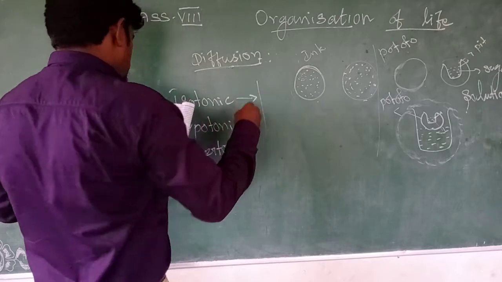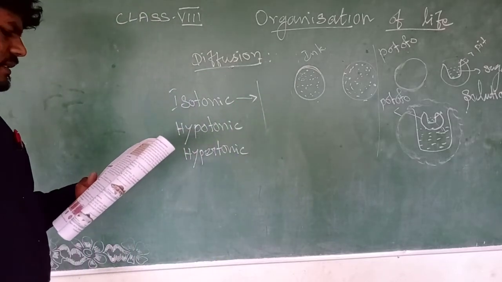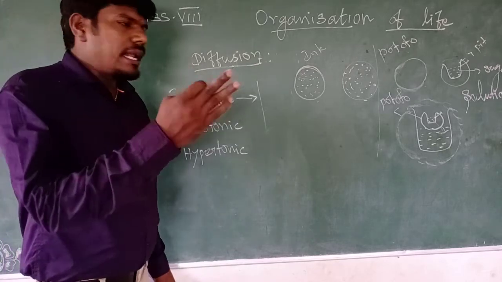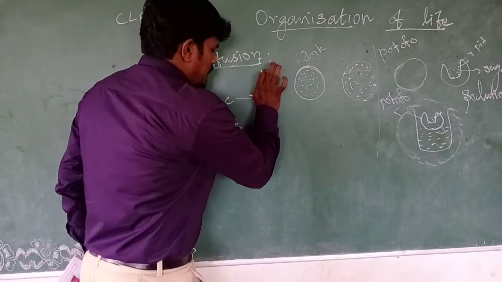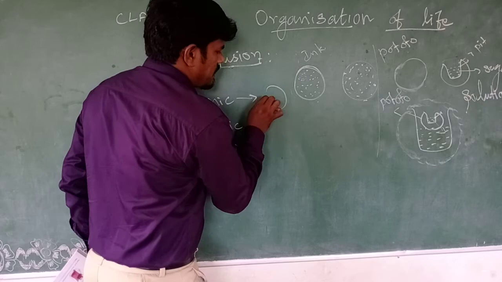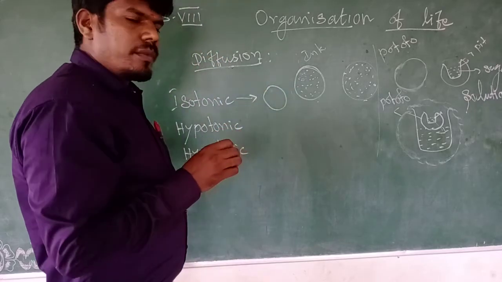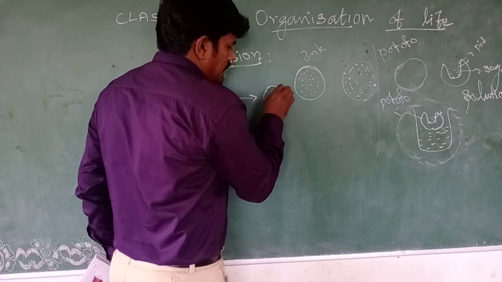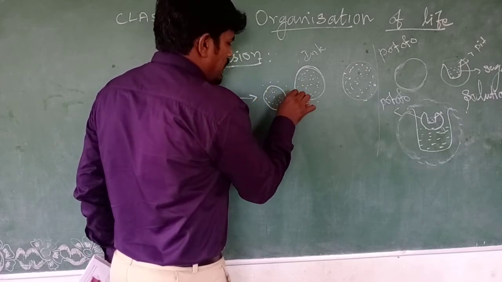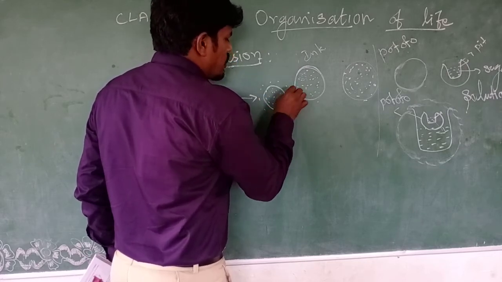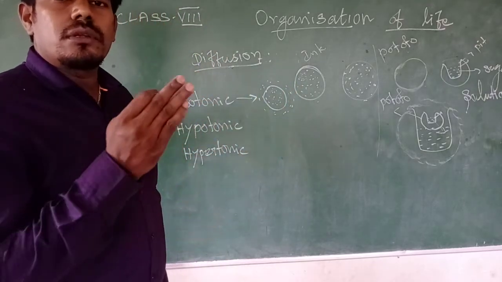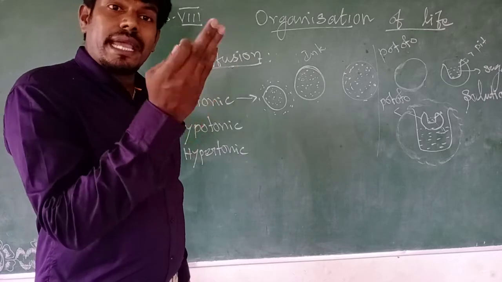Isotonic solution means the concentration of the external and internal solution of the organism are the same. That means the concentration of liquid inside, however much is present, is the same as the liquid that surrounds it outside. So there is no difference.